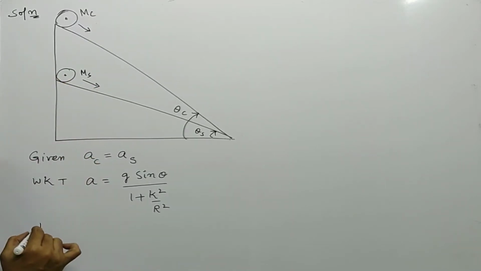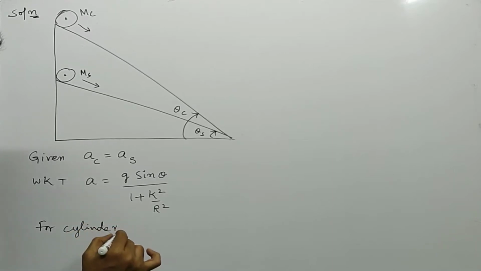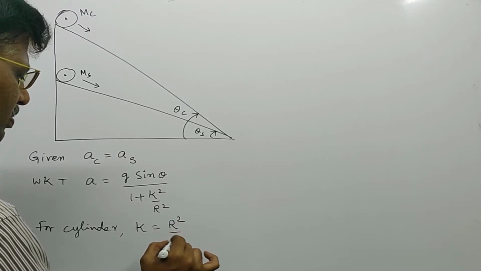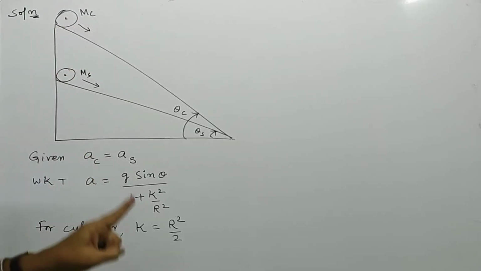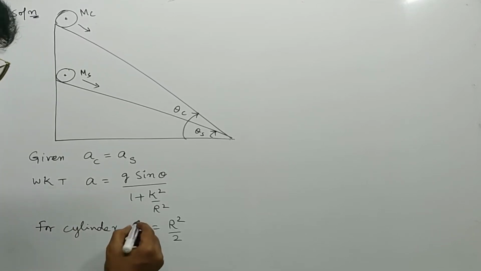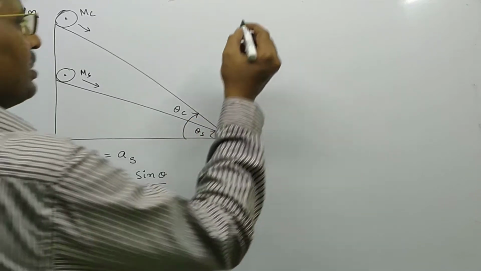For a solid cylinder, the moment of inertia about an axis passing through its center and perpendicular to its plane, I is equal to m r square by 2. If it is compared with m k square, k square is equal to r square by 2.